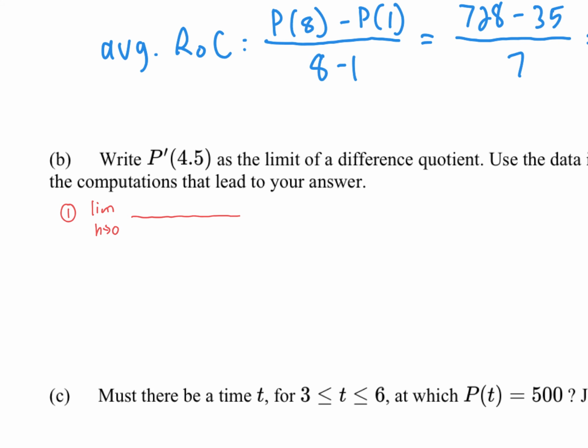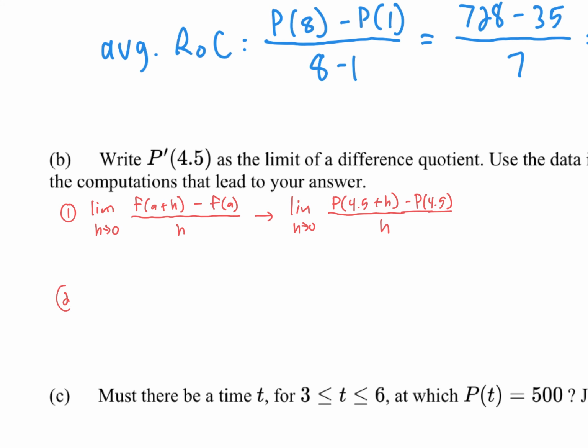I'll give the general one: f of a plus h minus f of a over h. For our function, this would be the limit as h approaches 0 of p of 4.5 plus h minus p of 4.5, over h. So that's one way to do it.